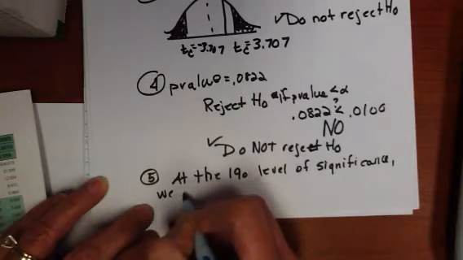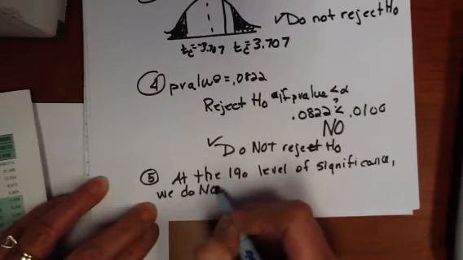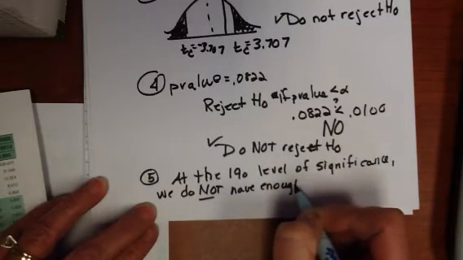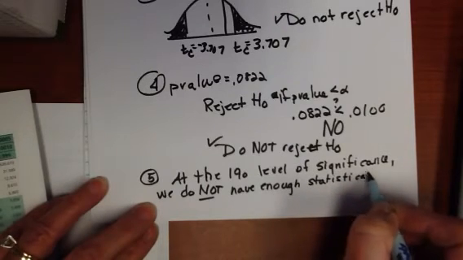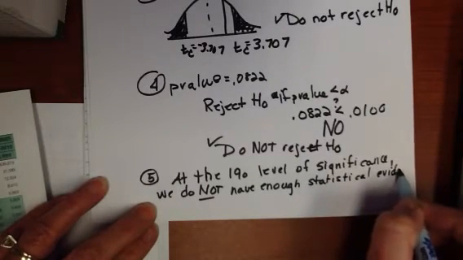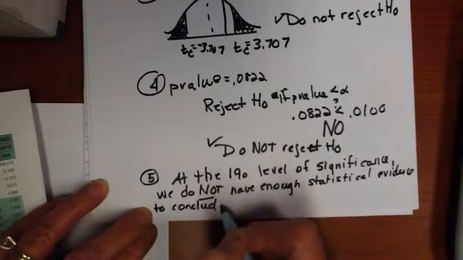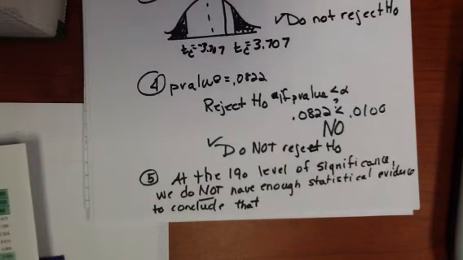Remember here we say we do or do not. Of course, we did not reject, so we do not have enough statistical evidence to conclude that, I go back to my problem. I was testing the significance to test if there was a difference.